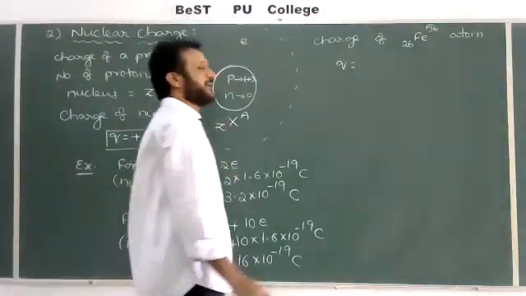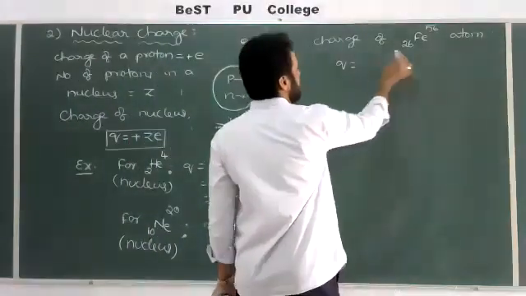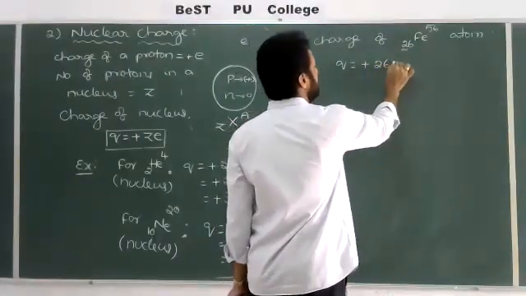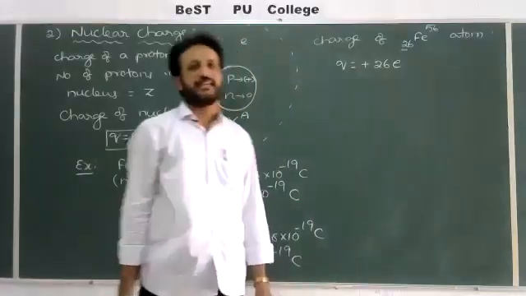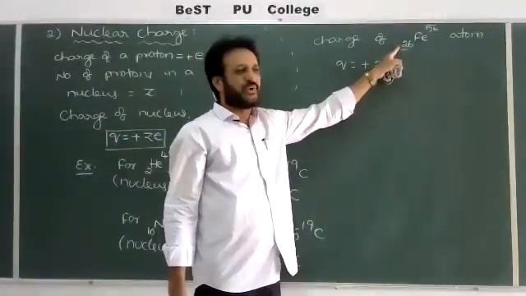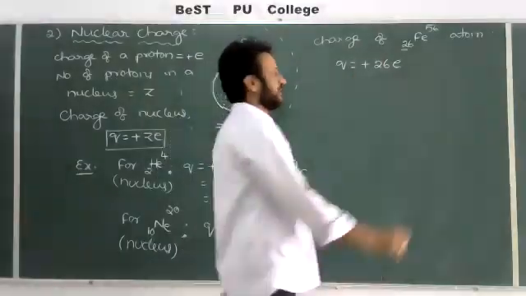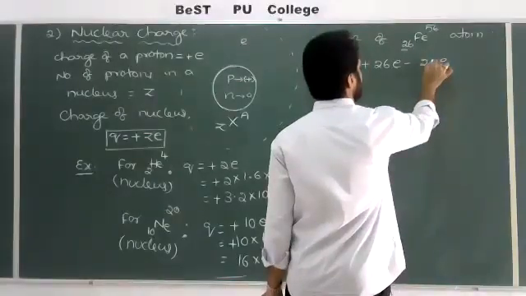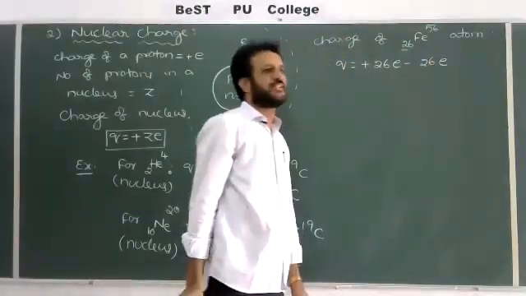Then the charge of an iron atom is equal to, it contains a total of 26 protons, that is equal to plus 26 into the charge of one proton, equal to e. It also contains a total of 26 electrons. The charge of one electron is equal to minus e, so the charge of 26 electrons is equal to minus 26e.